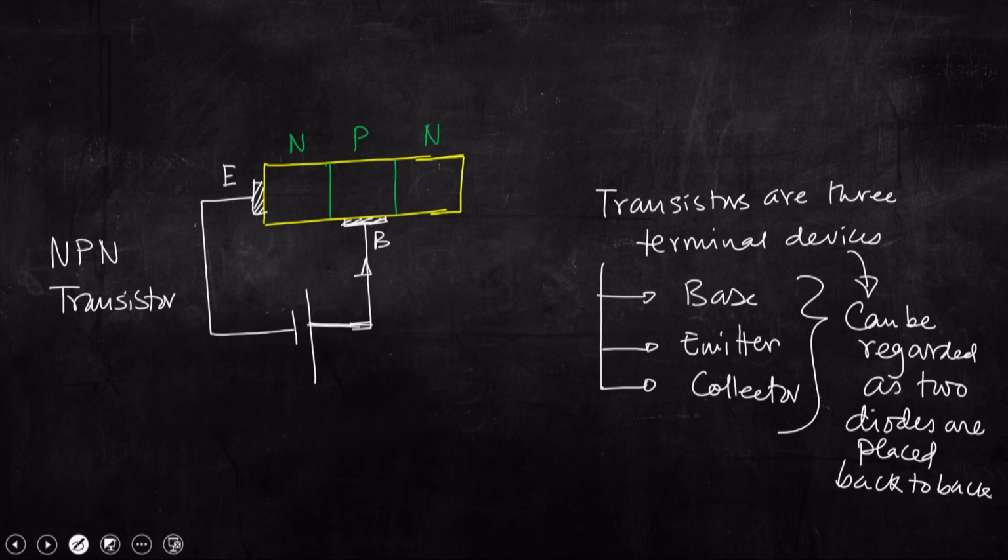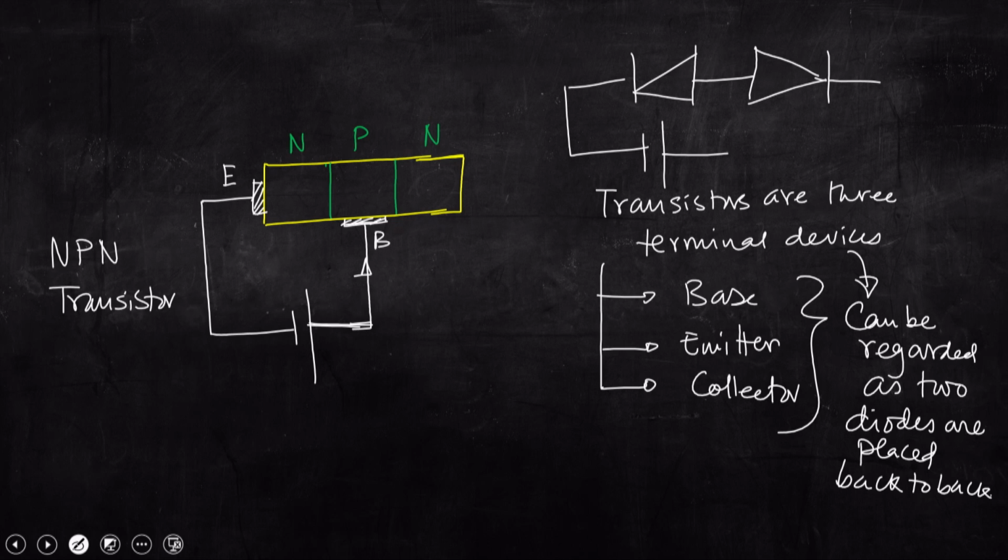So, 2 diodes, as if 2 diodes are placed, so this is P and N, P N. So, as if 2 diodes are placed back to back.